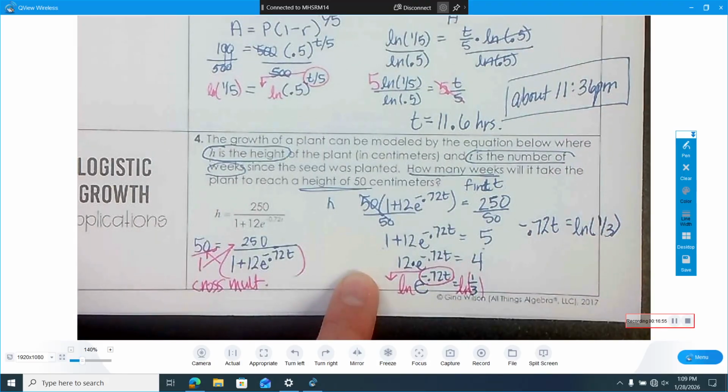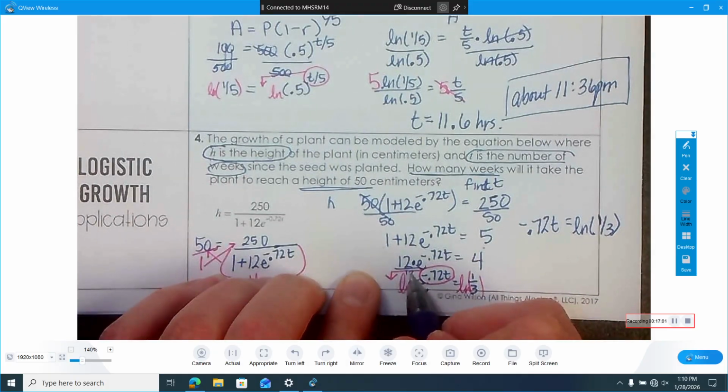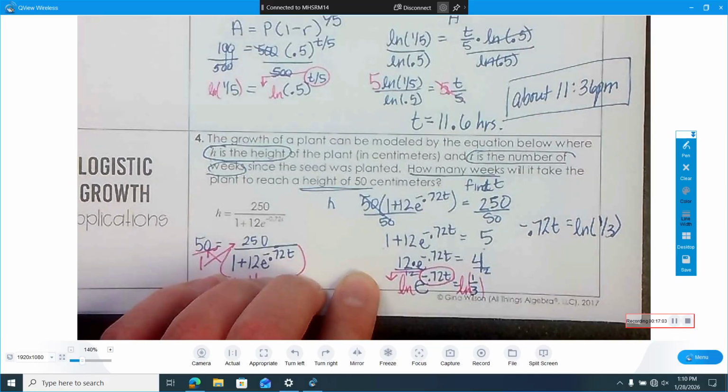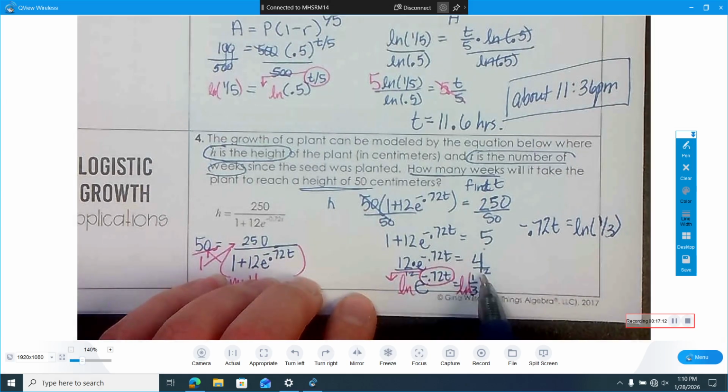So how do I get rid of the times by 12? Divide by 12. Okay, good. So we divided by 12, and that gives me the 1/3.